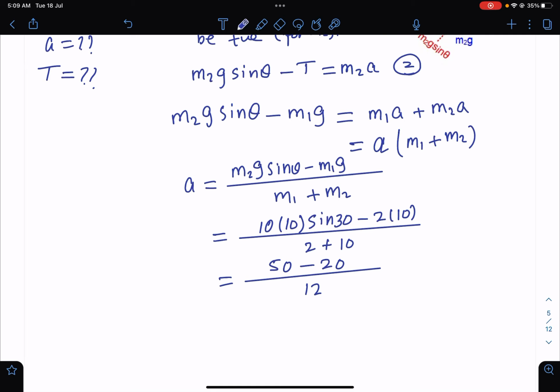So 30 divided by 12. It's 5 over 2, which is 2.5 meters per second squared. This is the acceleration.